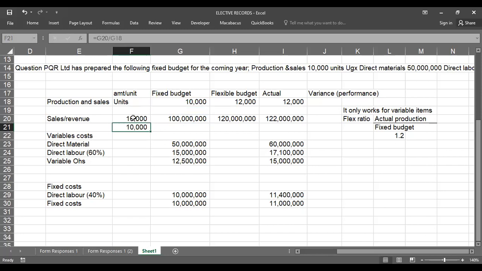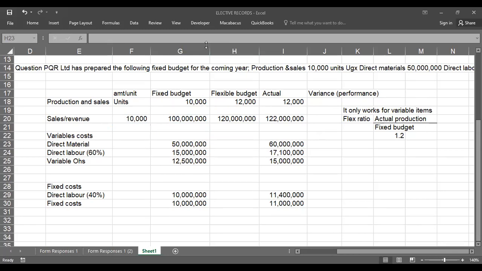Now you attach this selling price on any quantity to determine its revenue. For the 12,000 units, you get the selling price times the number of units sold, and you must get the same answer, 120. That's my idea, and feel free to use what you're comfortable with.